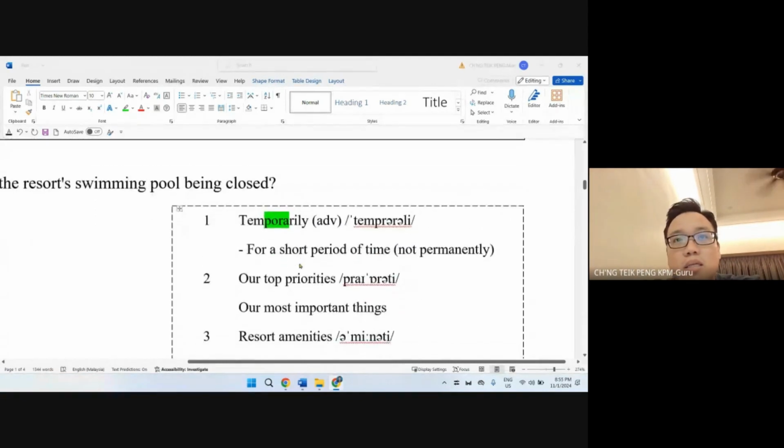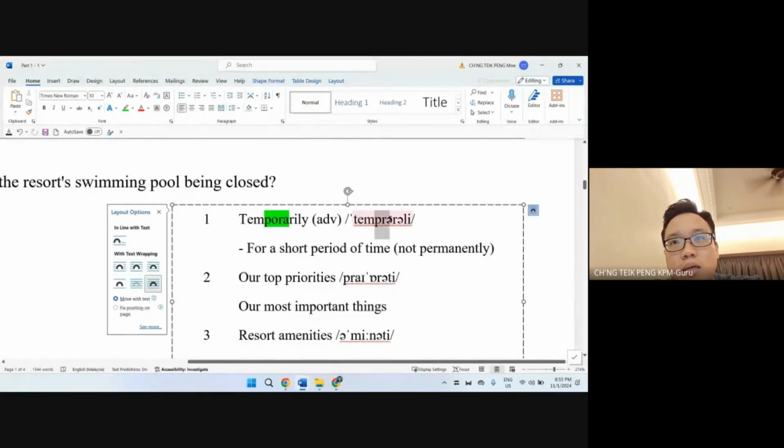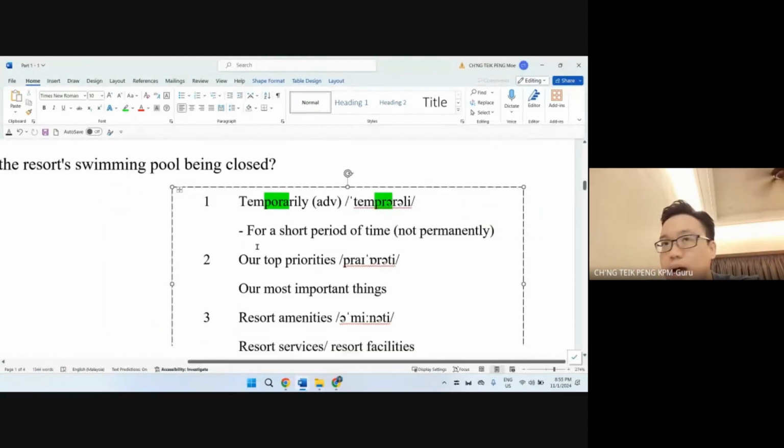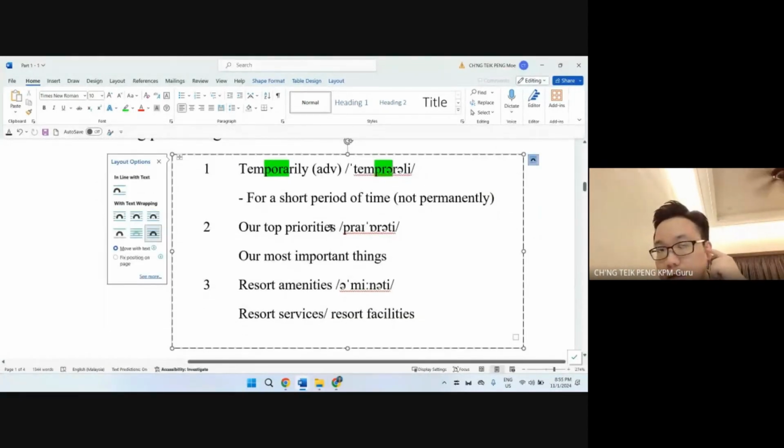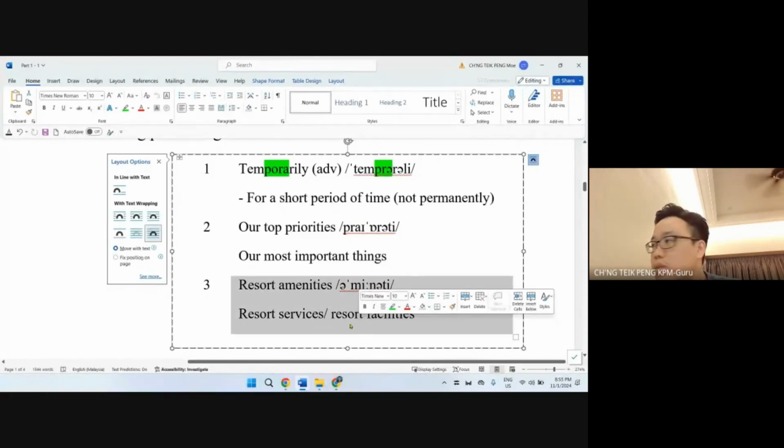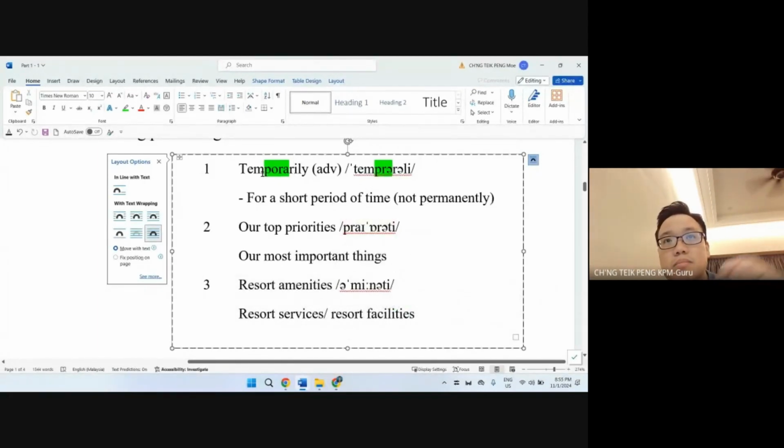Okay, so it's temporarily. The PORA is one syllable. I hope you will pay attention to phonetics, because you are going to have a speaking test. Look at the third one. Okay, so PORA is pura.